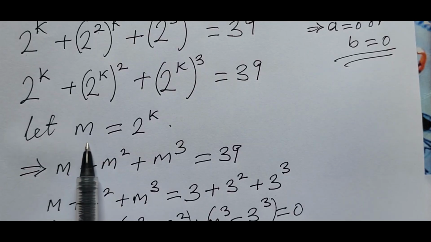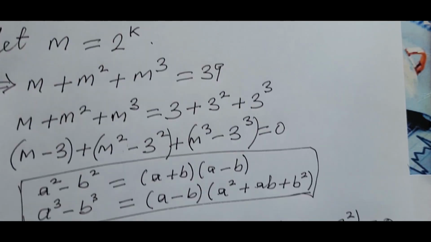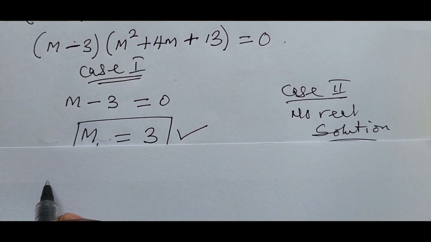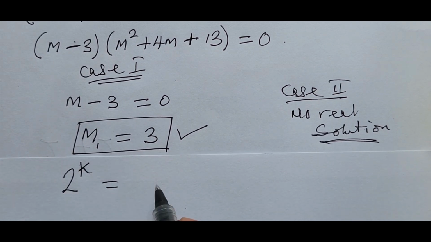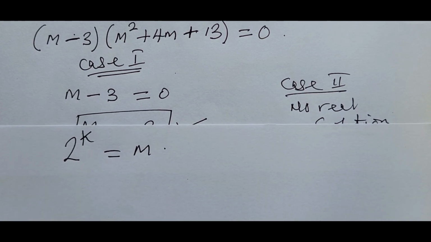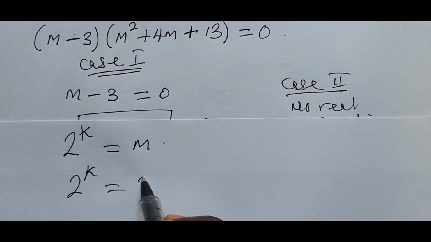We remember where we said let m be equal to 2 to the power of k. So for us to get the actual value of the variable we are looking for, we recall that 2 to the power of k is equal to m. We substitute 3 in here, so 2 to the power of k is equal to 3.